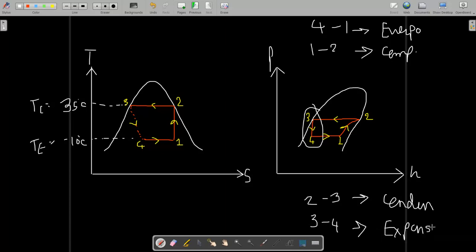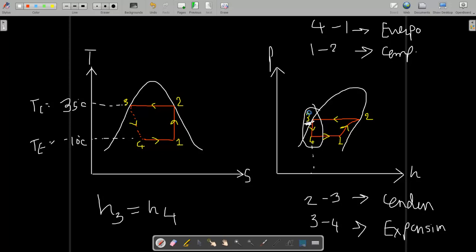So they are talking about expansion, because the outlet of the condenser, that means point 3, is on the saturated liquid line. The enthalpy is the same, because you can plot the p-h diagram, and it is given that H3 is equal to H4. This H4 will be the enthalpy of saturated liquid at 35 degrees Celsius.